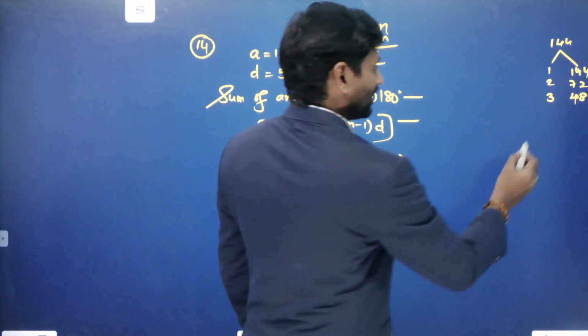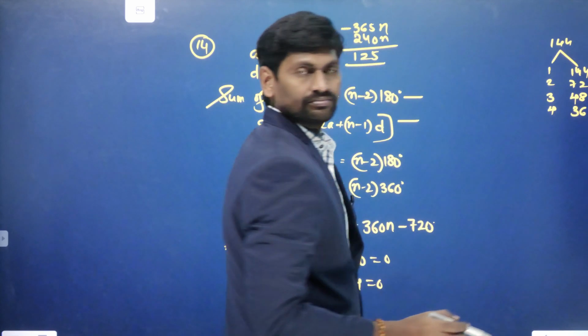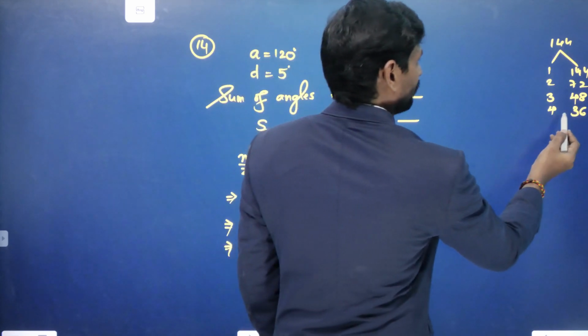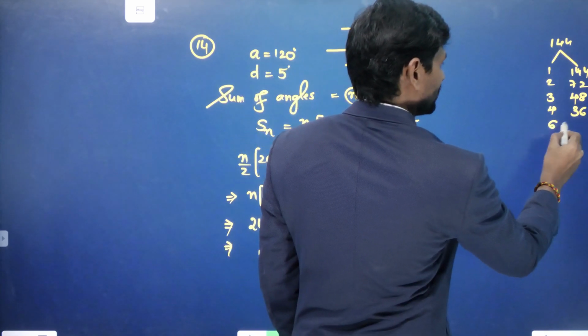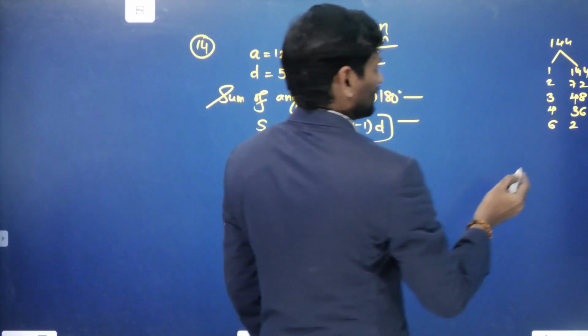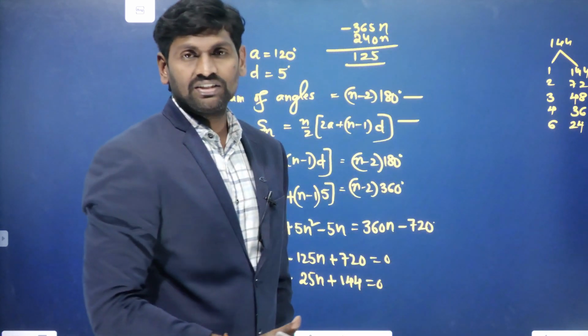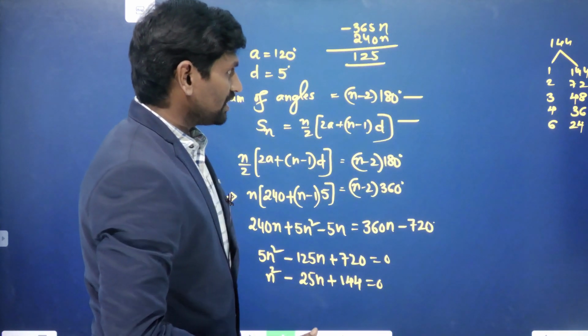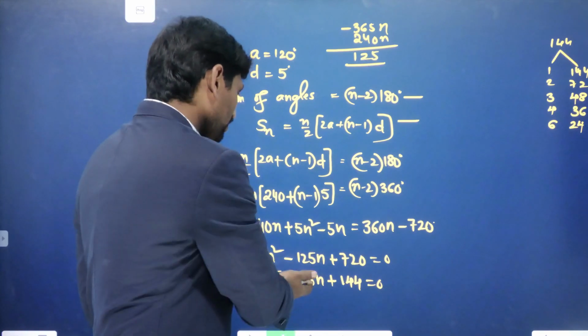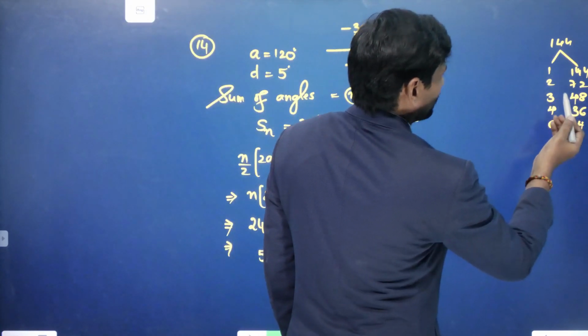And the 4 table also will come. Okay, the 5 table is not there. So the 6 table will come, 6 2s are 12, 6 4s are 24, 6 6s. 24 plus 6 is nothing but 30. But we should get only 25, no? Right.